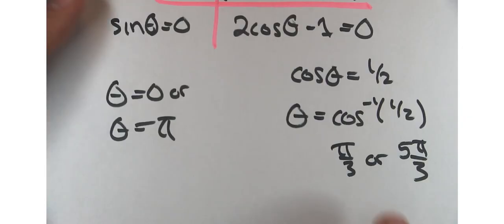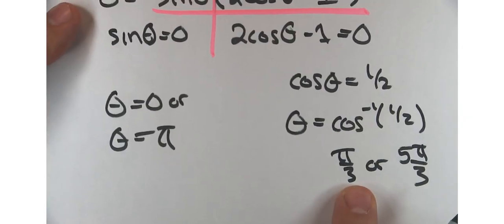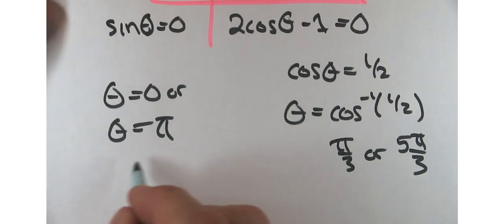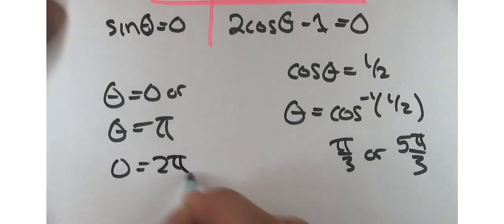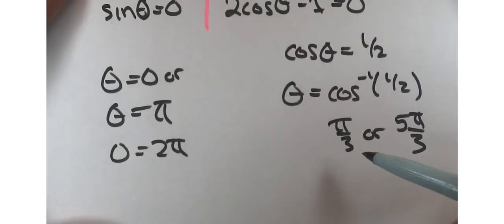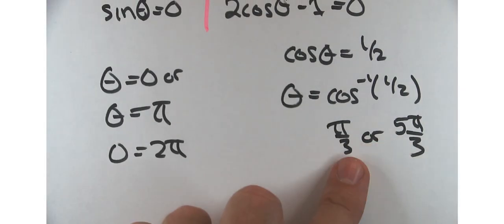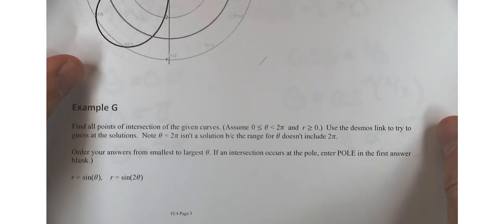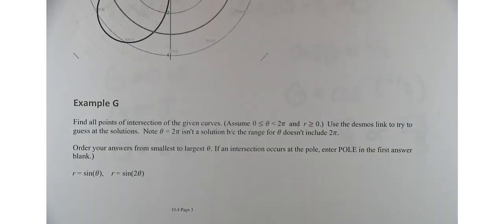We can plug in these angles, like pi over 3. I guess 2 pi would be one as well, and we can fill in our points of intersection and go from there. I think that's actually all they're asking for, though, is to find the points of intersection.